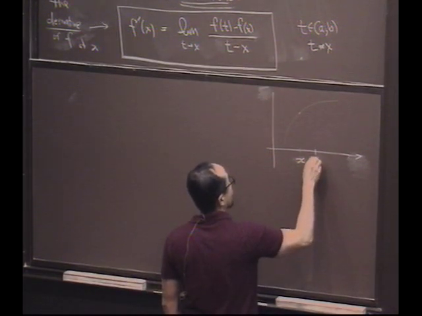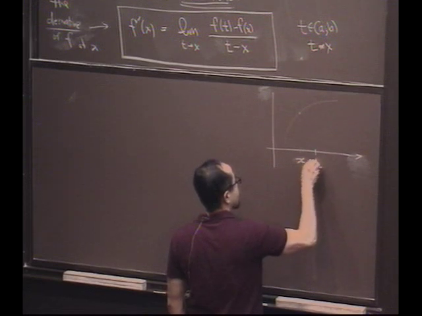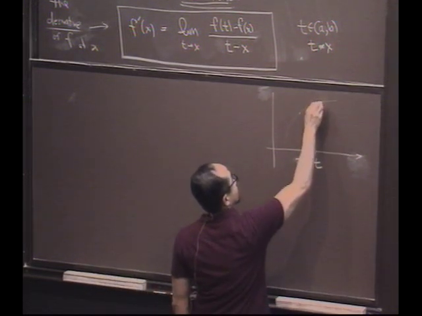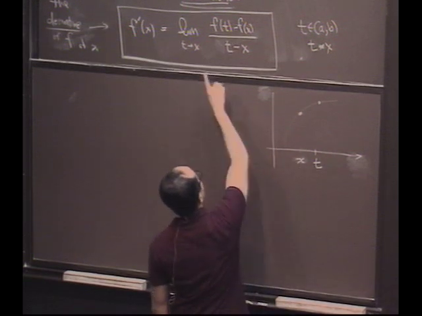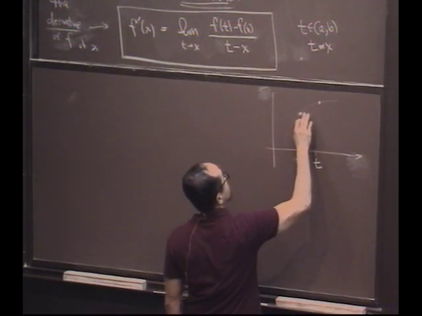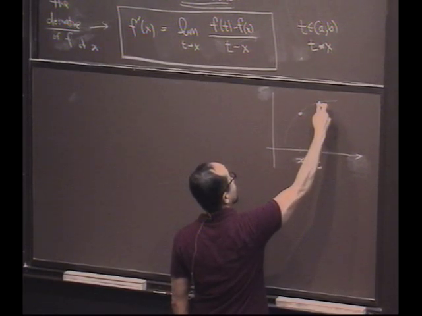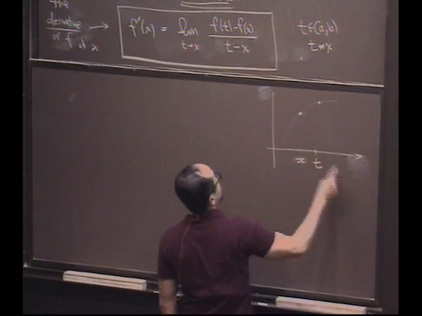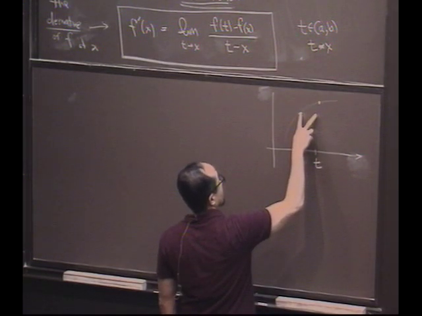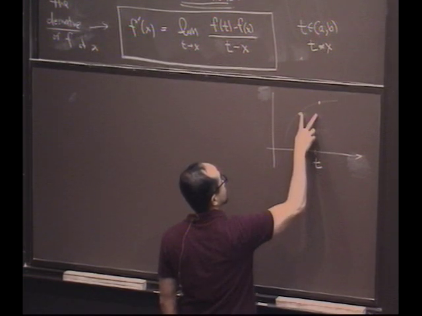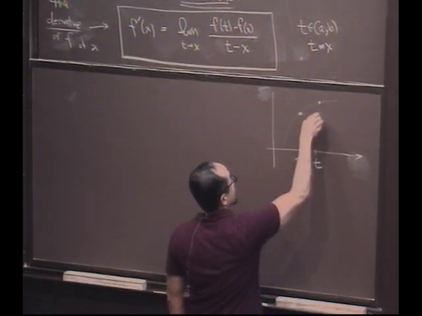And compare that to what's happening nearby. You might call this nearby point x plus h, or you might call it t. If I compare what's happening, then f of t minus f of x is basically the difference in the height of the graph of this function, and t minus x is the length of the interval between t and x. So it's the rise over run.